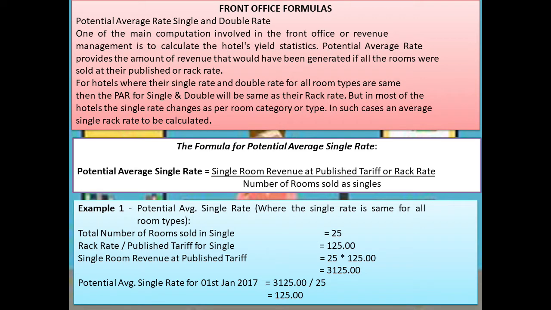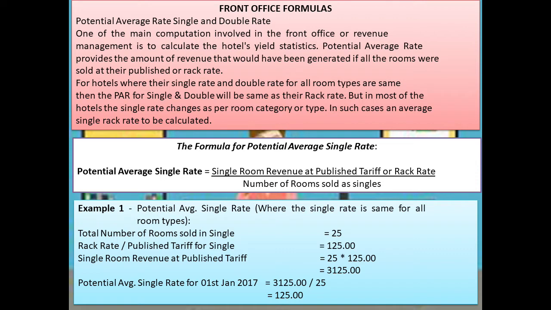Example number 1. The potential average single rate where the single rate is the same for all room types. The total number of rooms sold as single is equal to 25. Rack rate or published tariff for single is equal to 125. Single room revenue at published tariff, 25 multiplied by 125, is equal to 3,125.